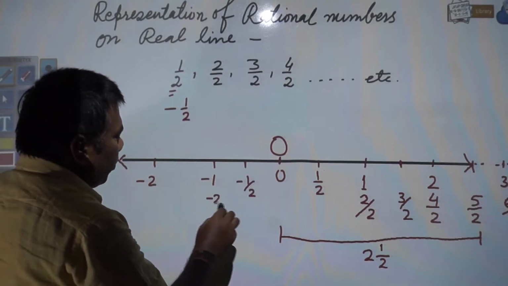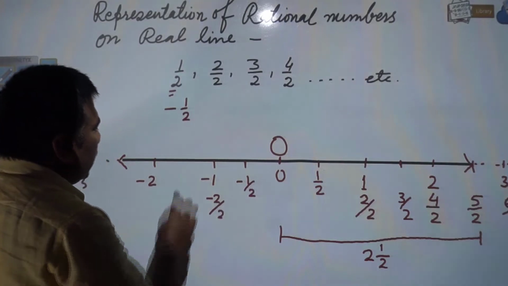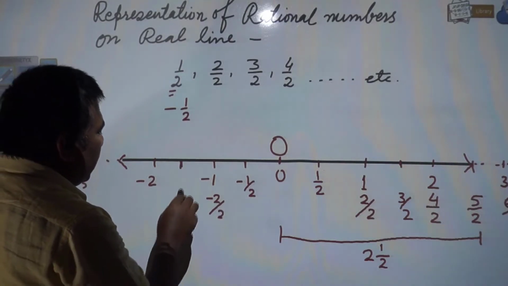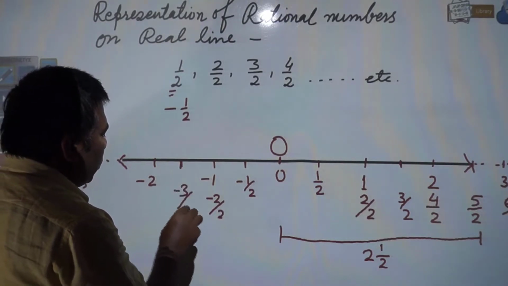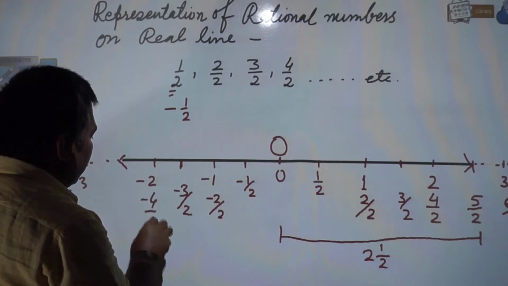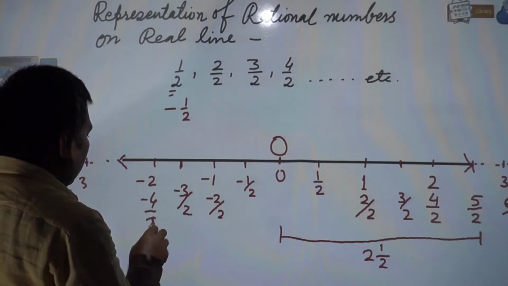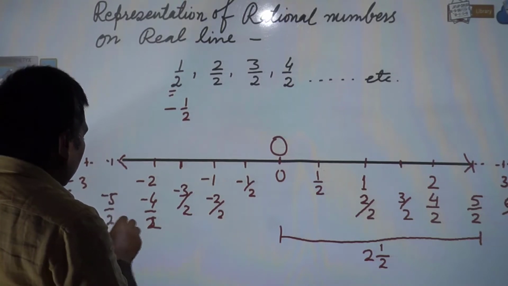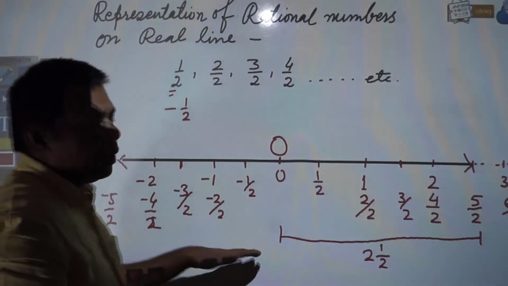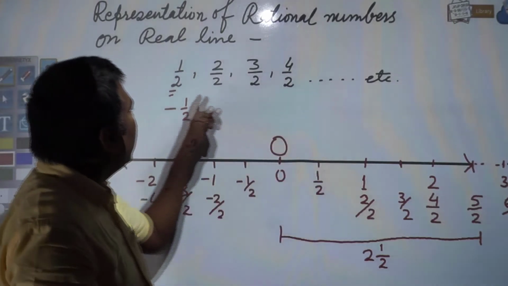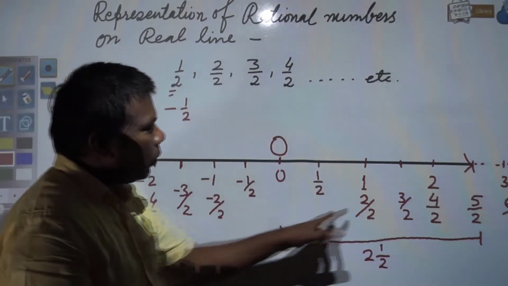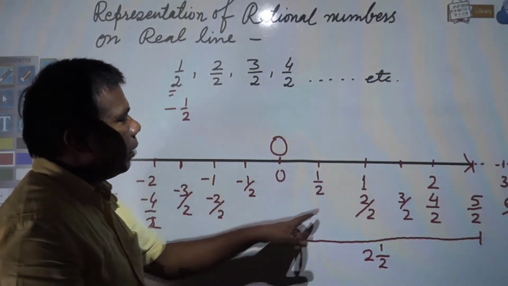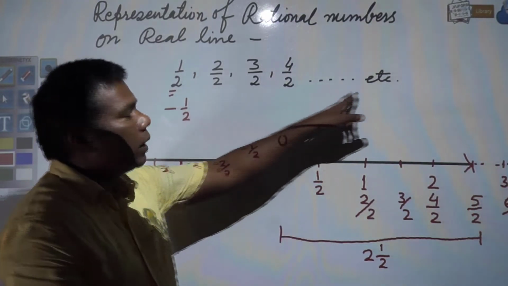This will be -2 by 2. In the same way, this will be -3 by 2, -4 by 2 and -5 by 2 and so on. So when you have denominator 2, in this way all the rational numbers can be represented on the number line.